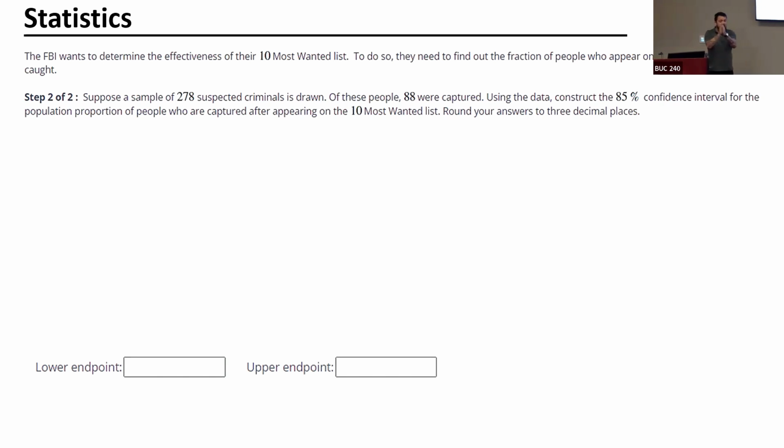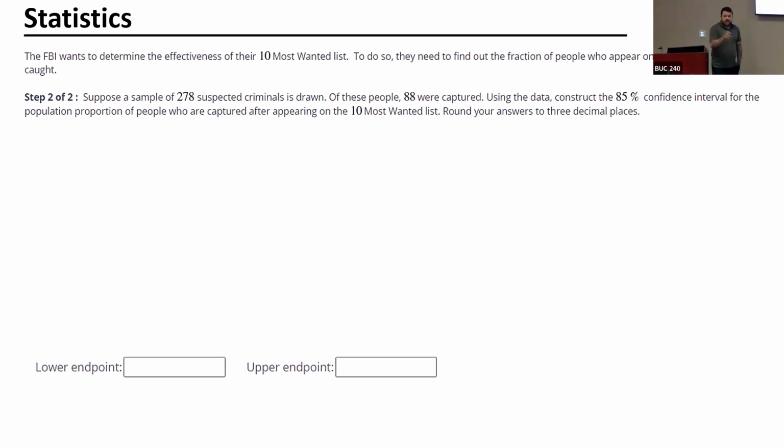That's going to be the guy we're going to do what to. If you did this by hand, you've got to find your error. That's the guy you're plus or minusing from. Okay, that 0.317, I apologize. You have an N value, 278. You have a C value of 85%.